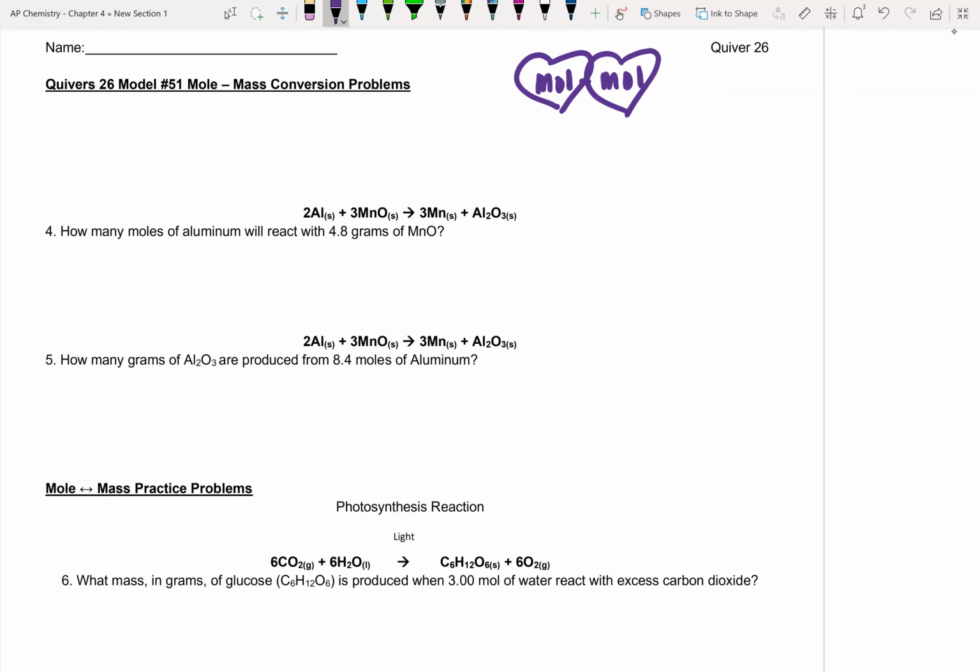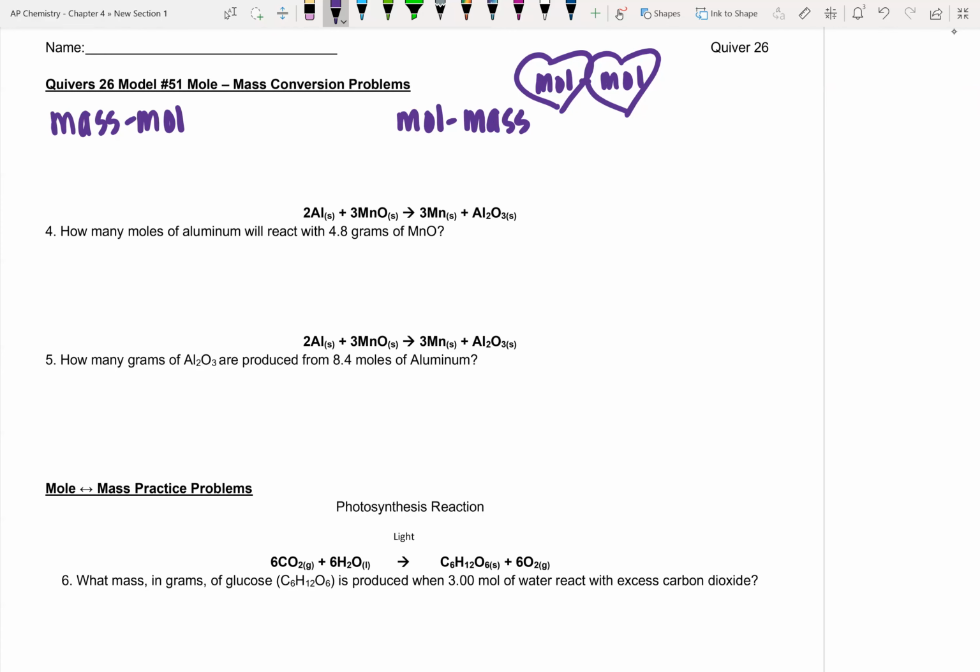The specific types of conversions we're going to be doing in these problems today are either a mass to mole conversion or a mole to mass conversion.